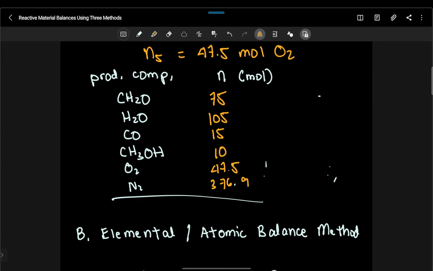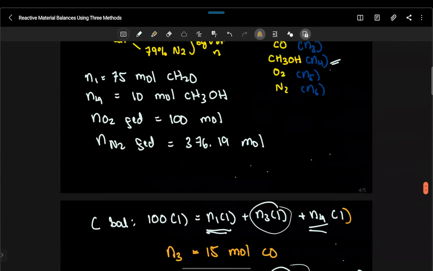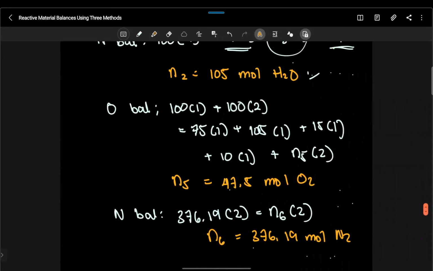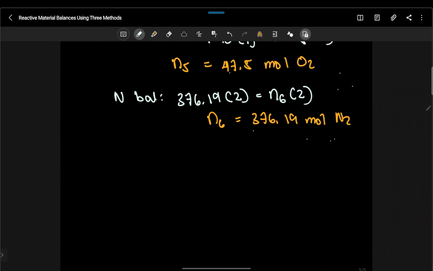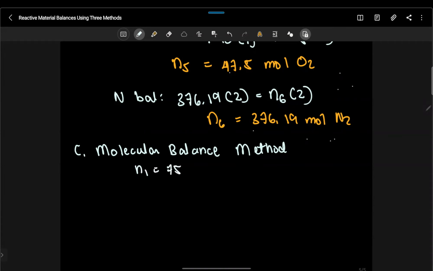Okay. Lastly, let's also try using molecular balance method. So check natin kung parehas lang yung makukuha nating value ng mga unknowns. Just remember, no, na we already have N1, 75 yan. We already have N4, which is 10 moles.